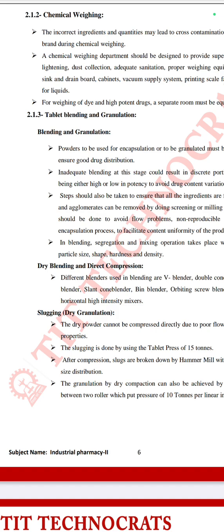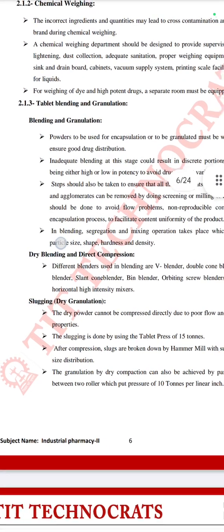First one is blending and granulation. What is the scale up consideration for solids, in tablets? So first one, blending and granulation for the tablet manufacturing.